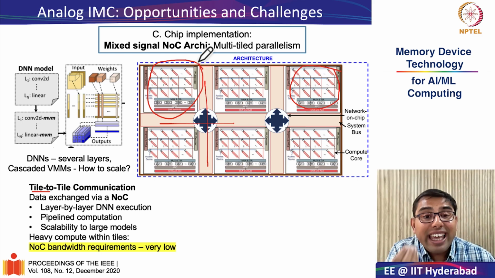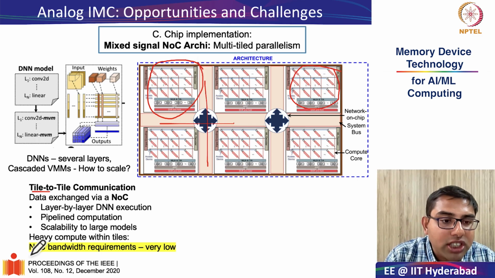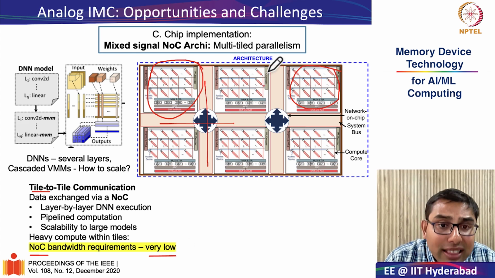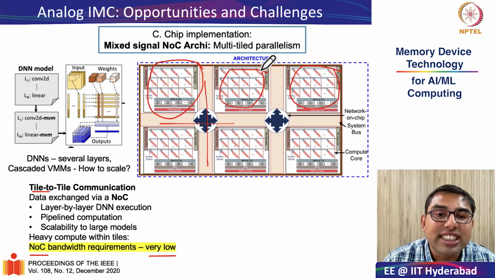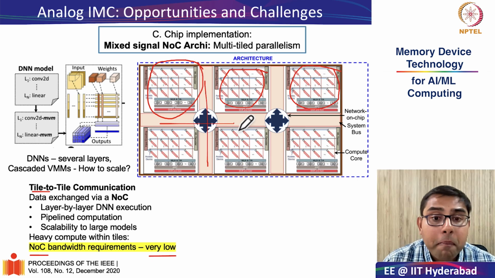However, the key concept to understand here is that the bandwidth requirement of the NoC is very, very low. Why is this the case? Because most of the heavy computation is happening within these analog tiles itself, and only sparse data movement is happening between these tiles. Therefore, you do not suffer from the usual von Neumann bottleneck.